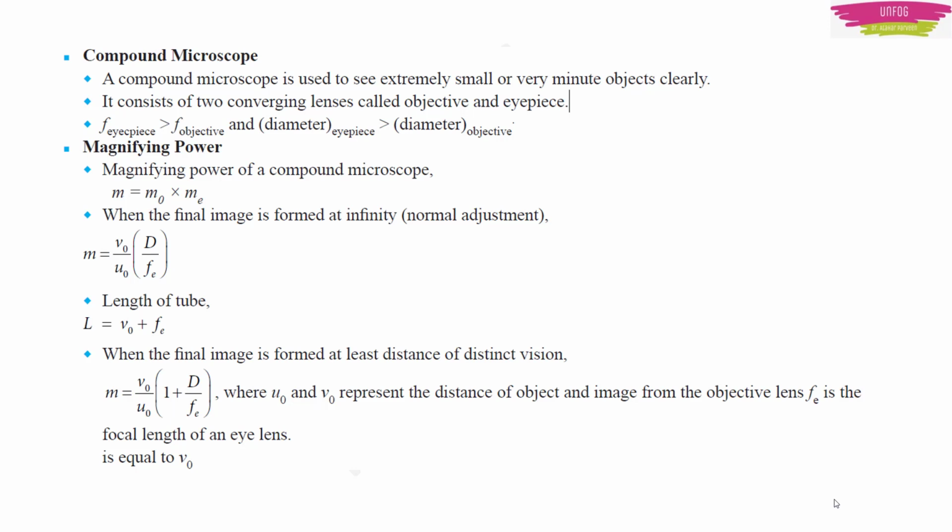The first one, V0 upon U0 into D upon FE, was the magnification when the final image is formed at infinity, which means it is a normal adjustment, you can say. In the normal adjustment for the compound microscope, this was the value for magnifying power. But if the image is formed at D, that means at the least distance of distinct vision, then M will be equal to V0 upon U0 into 1 plus D upon FE. Okay, these two things you have to remember.